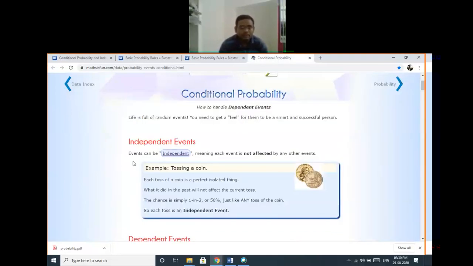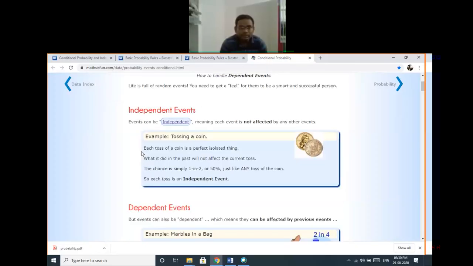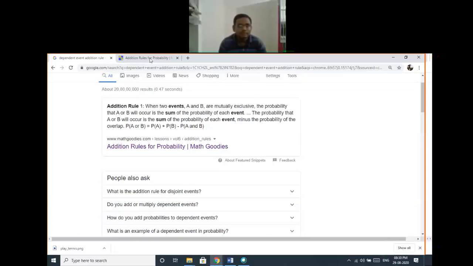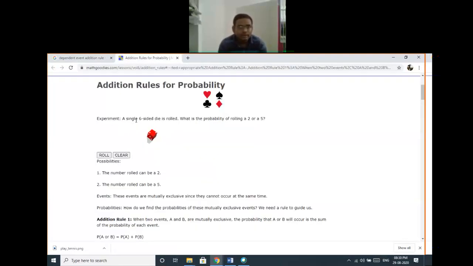For the timing, just see this, conditional probability. We'll discuss that one, but before that, let's look at the addition rule for probability, and then we'll come to multiplication.